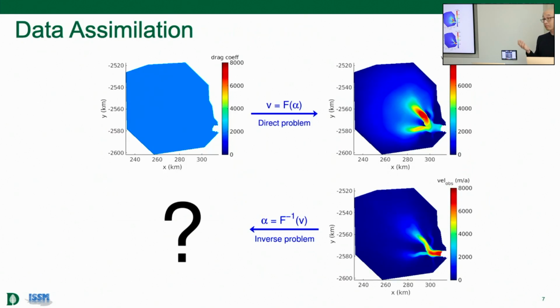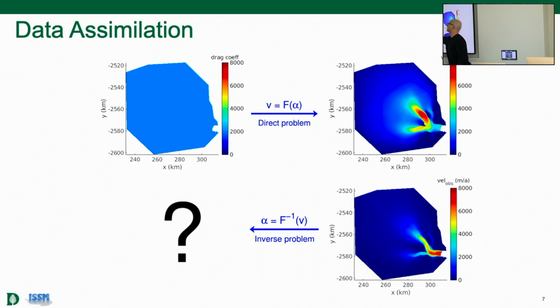And then our problem, where Enzyme or automatic differentiation comes in, is data assimilation. Basically, we want to know the bed topography or the basal friction condition of the glacier. The forward problem is kind of simple: assuming we know the bed, we want to solve for the velocity.